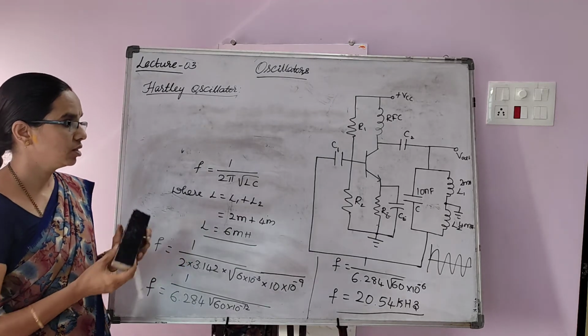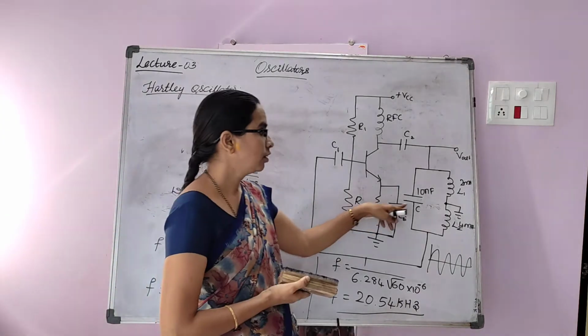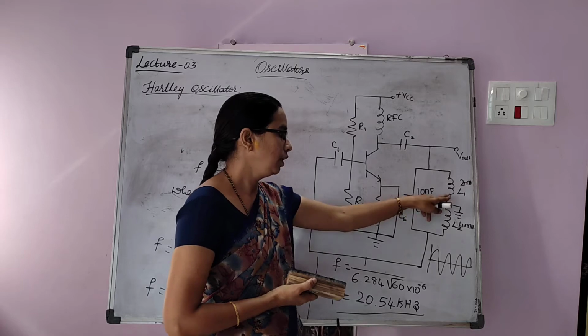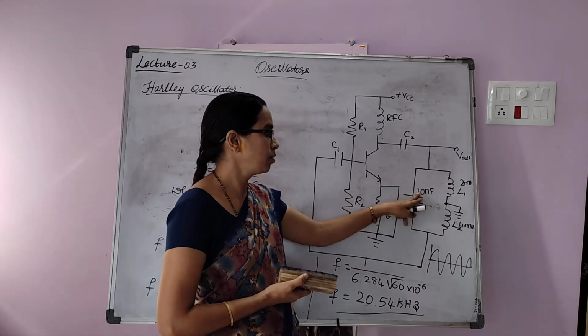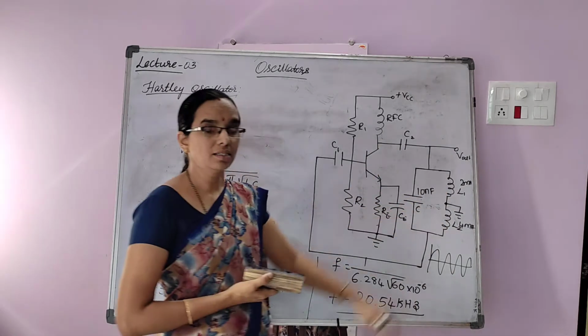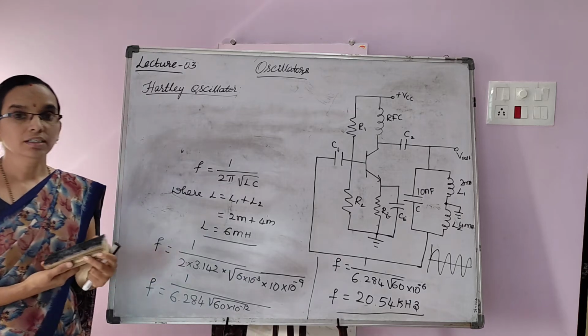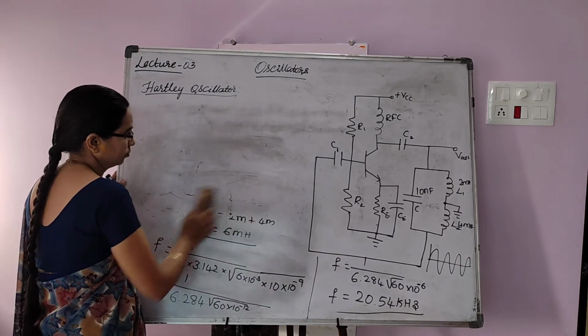Sometimes they will give the values of L1 and L2 and ask us to find the capacitance value. Sometimes they will give the capacitance, one of the inductor values and the frequency value, and ask us to find the other inductor's value.